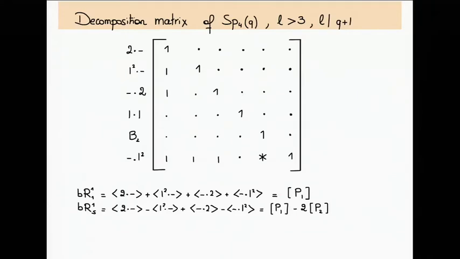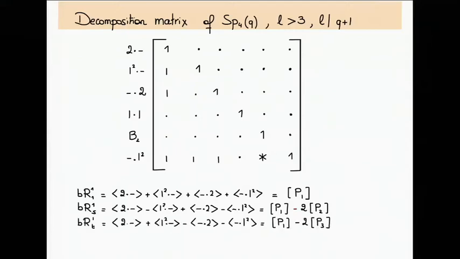Now if I look at the second one, it's a virtual character. It's also a virtual projective character, and it's the difference between the first column and twice the second column. And notice that there is something appearing here. It's not already a pattern, but I'm going to explain where it comes from. There is a minus now in this sum.